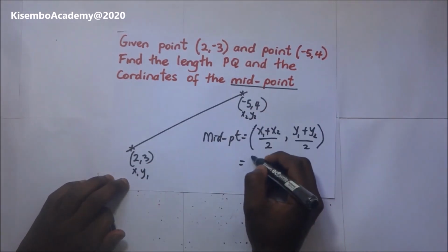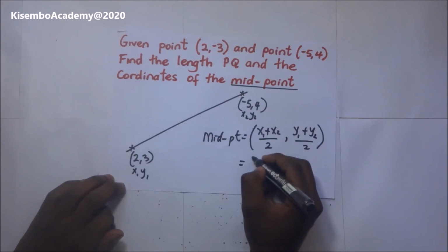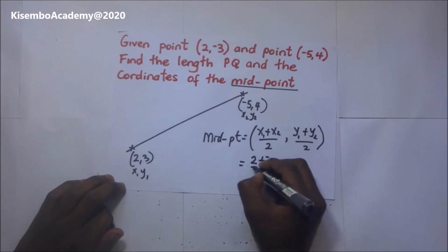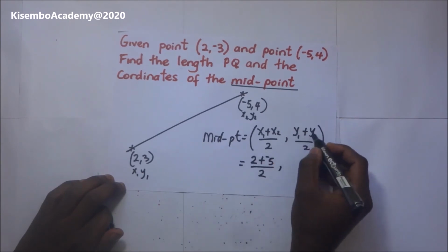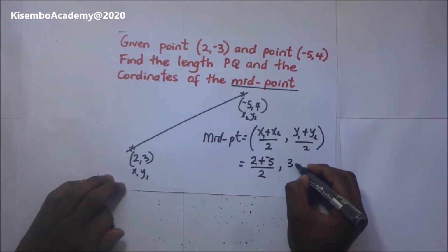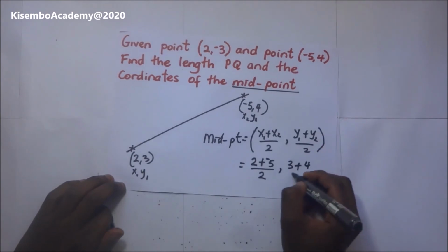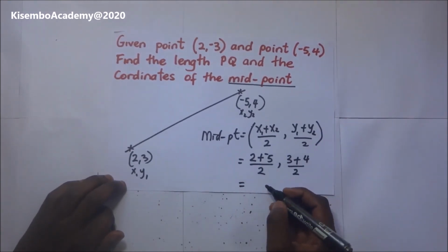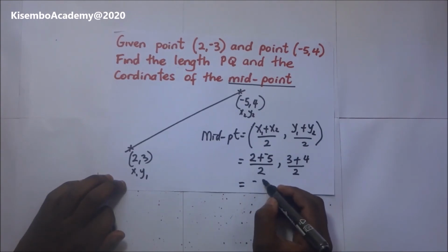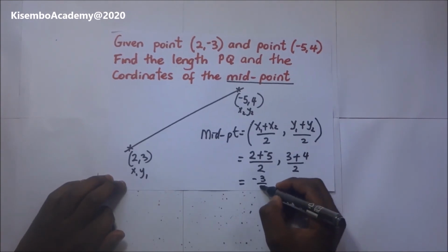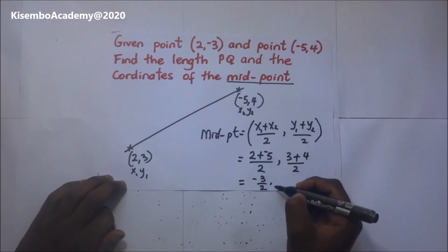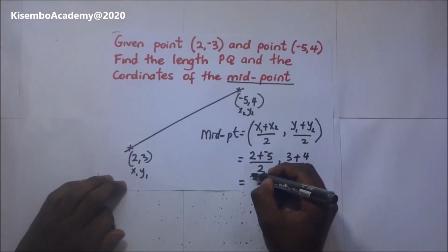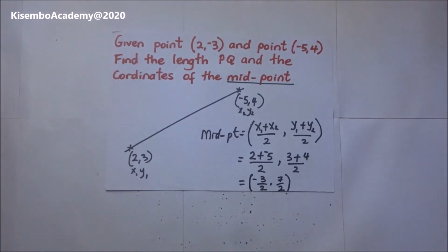So our value of x1 in this case is 2 plus x2, which is negative 5, divided by 2, y1 is 3 plus y2, which is 4, divided by 2. And our answer there is going to become negative 3 over 2, 7 over 2. These are the coordinates of our midpoint.